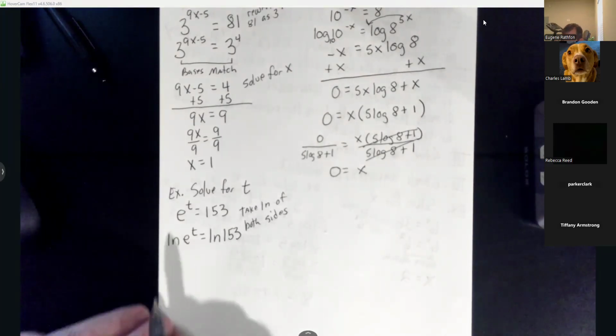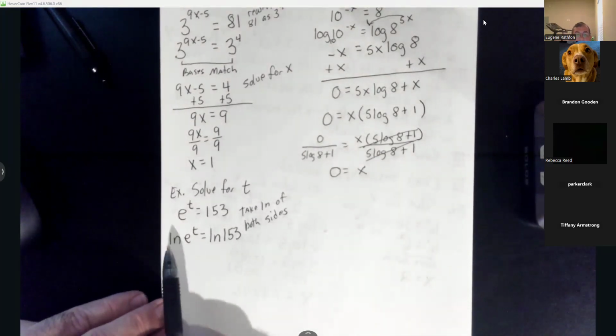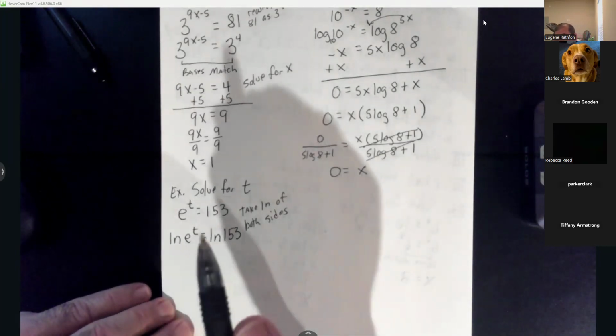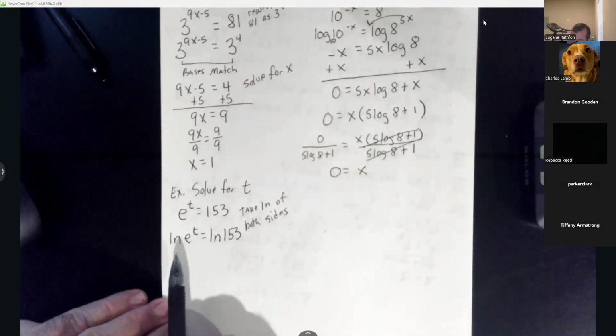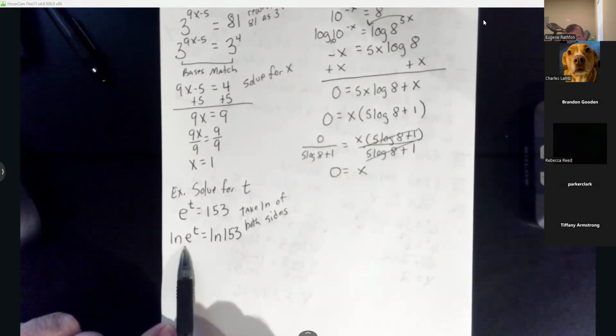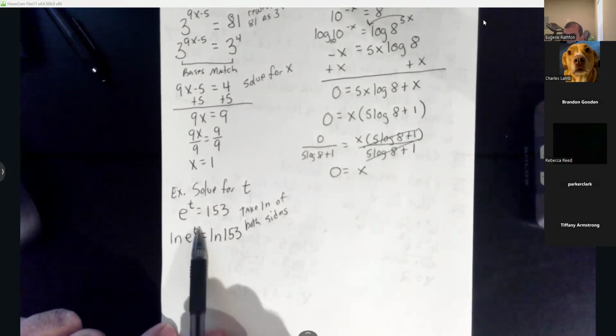Now, remember, ln is really a log base e. So this side is really a log base e of e to the t.